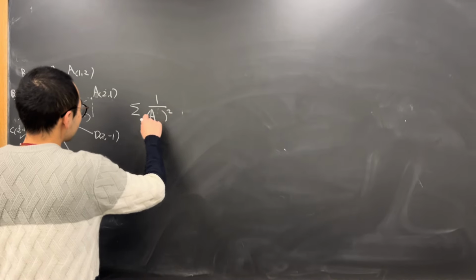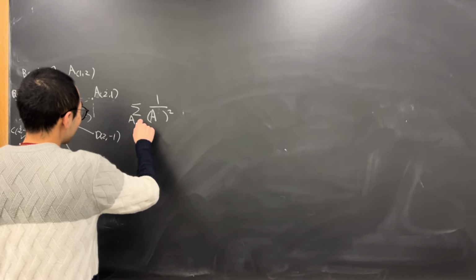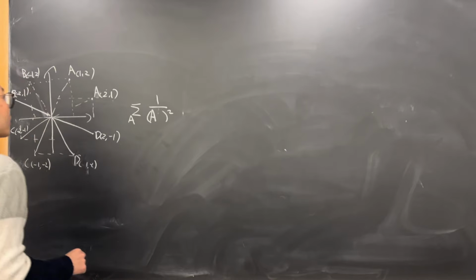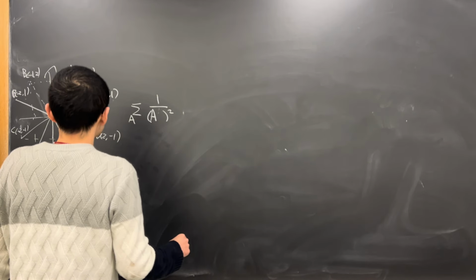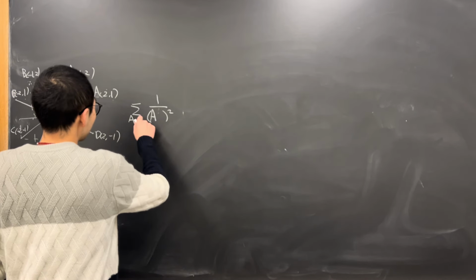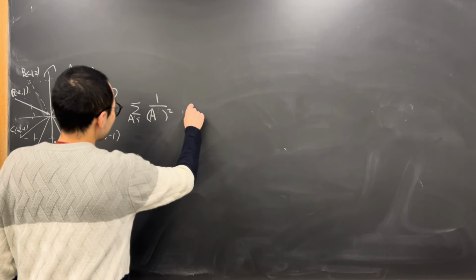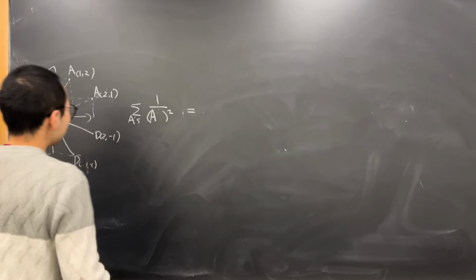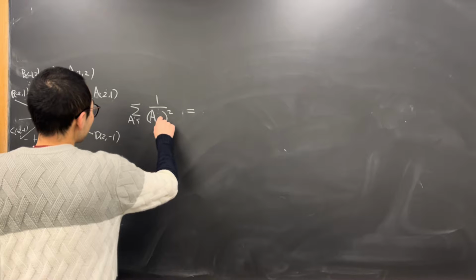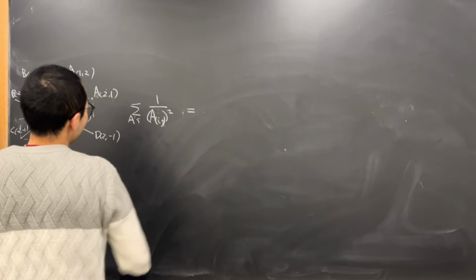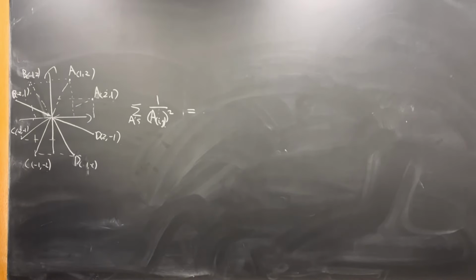The letters, sum over the ABCDs, so sum over the eight points, maybe A_ij, where i and j vary between 1 and 2, and also -1, -2.